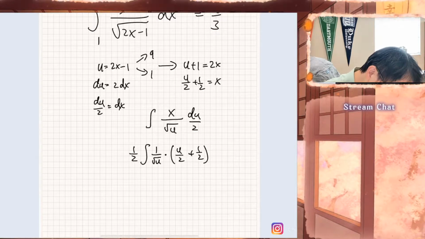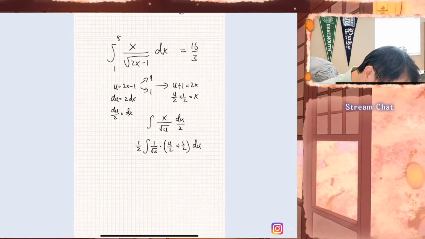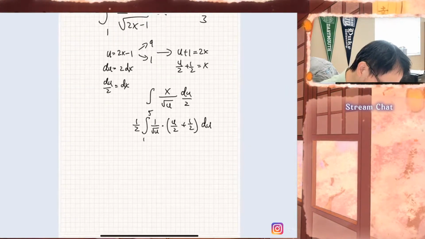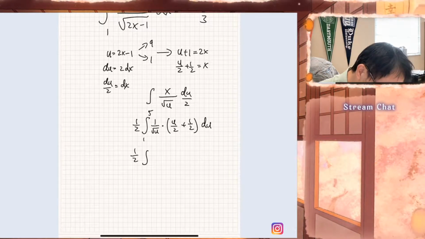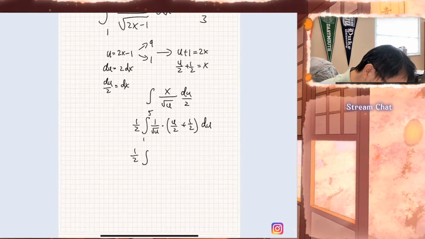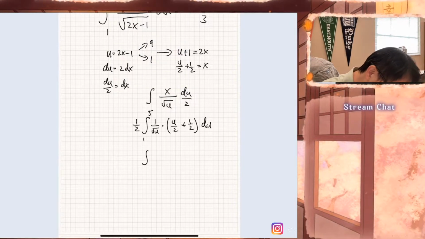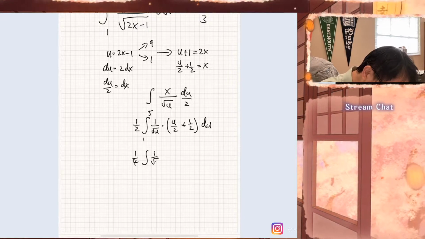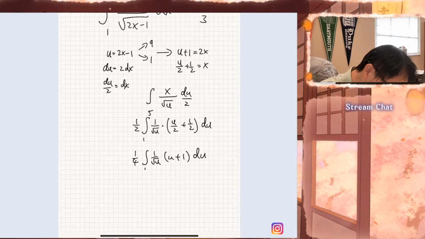So 1/2 du between 1 and 5. I'm going to take out another 1/2, it just becomes 1/4. Just take out 1/4, and that's going to be 1 over square root of u times u plus 1 du between 1 and 5.